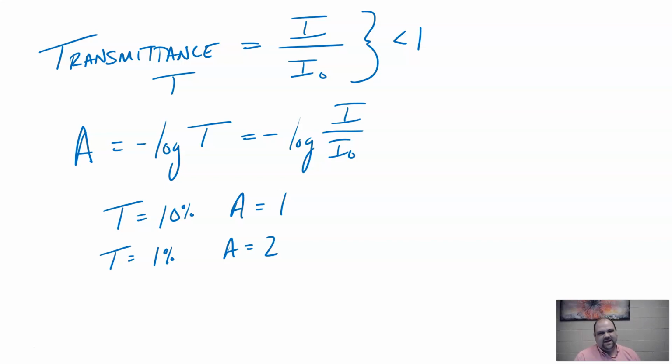Generally speaking, when we look for good absorbance values, we want to keep it less than 2. Once we have less than 1% of the light passing through, there's more uncertainty in terms of how much is really passing through. So we try to keep our absorbances under 2, or at least under 3, even if we're using really high quality instrumentation.